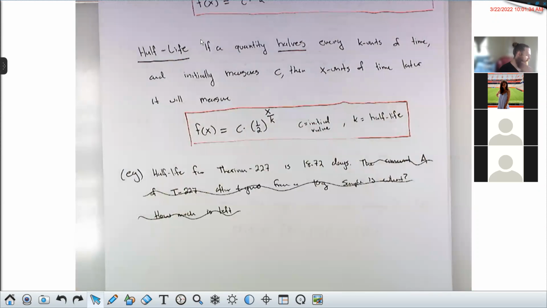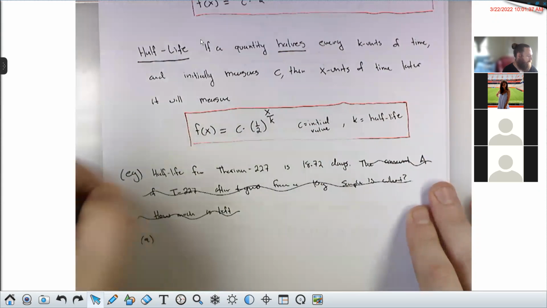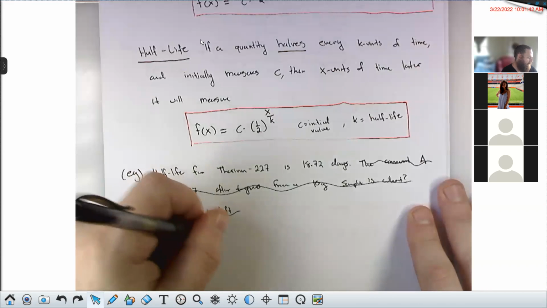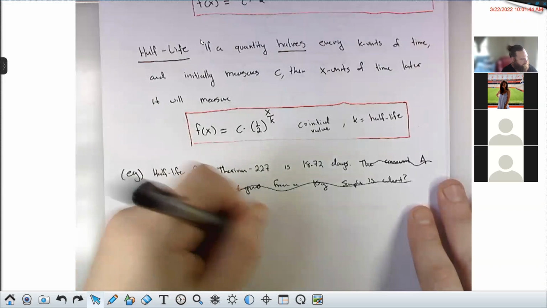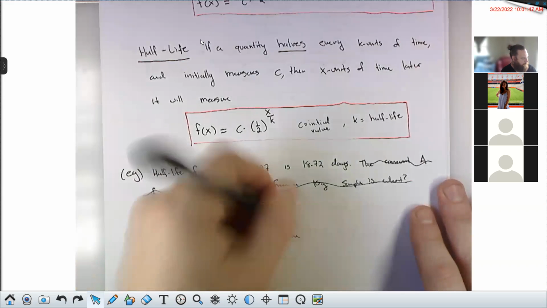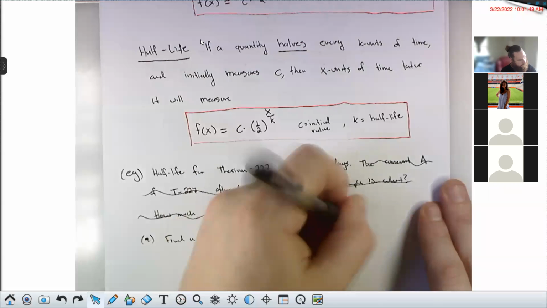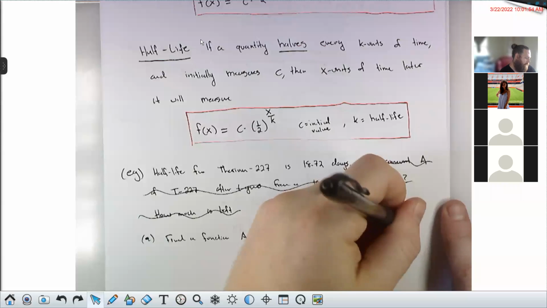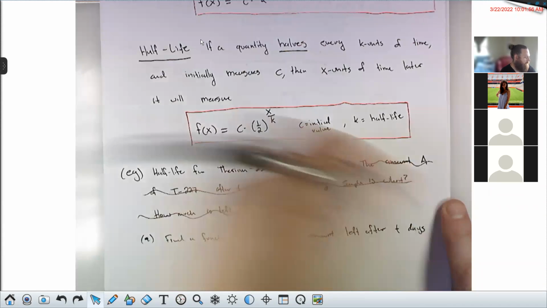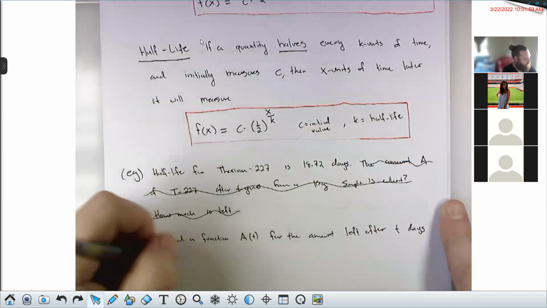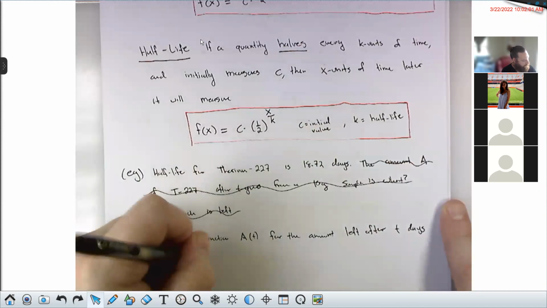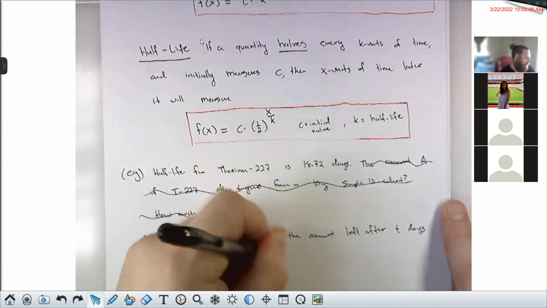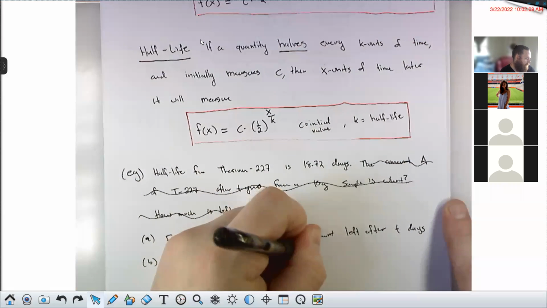So they told us the half-life. Let's split this into parts. Let's find a function a of t for the amount left after t days. Let's find the amount left after 2 months.